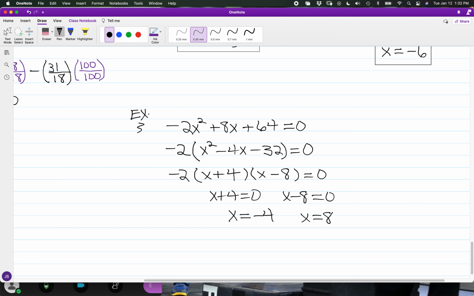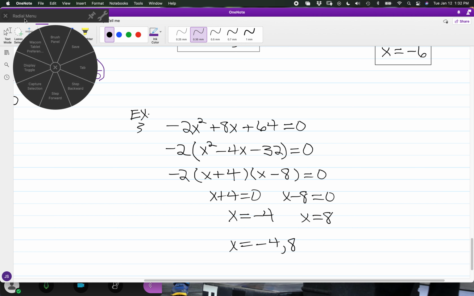And for 8, we have 8 squared is 64, times negative 2, so you would have negative 128, and then plus 8 times 8, so you have negative 128 plus 64, which is negative 64, and then in turn adding 64, that is also going to yield 0. So we have our 2 solutions for x at negative 4 and positive 8.